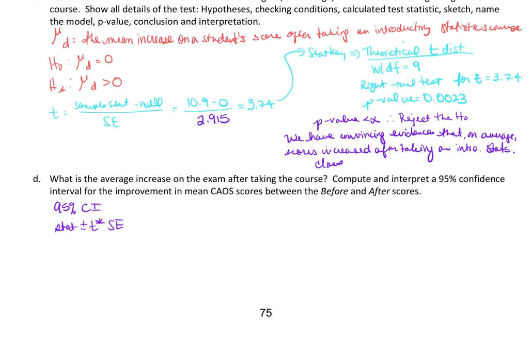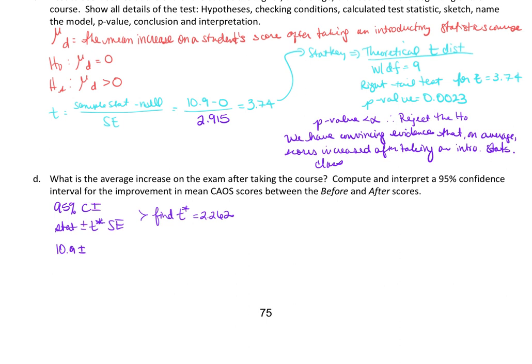So we can go find T star. Our X bar D we know is 10.9 plus or minus, and we find our T star on our theoretical T distribution using a 95% two-tail test. We find that our T star is 2.262. And again, if you don't get this number, make sure you've edited your degrees of freedom from a previous problem.